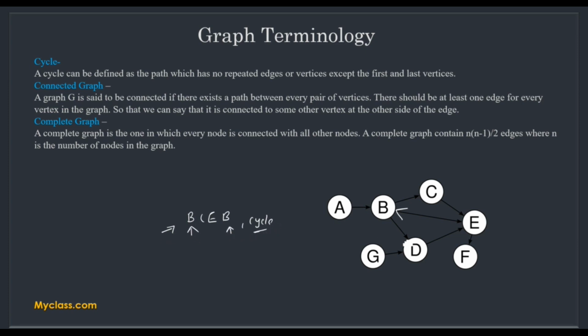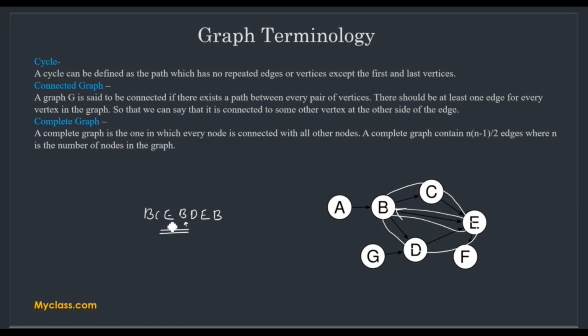Let's assume that the arrow is like this, then we can travel like this: B, C, E, again B, then D, E, B. This is also a closed path: B, C, E, B, D, E, B. But this is not a cycle because lots of edges and vertices are repeated.